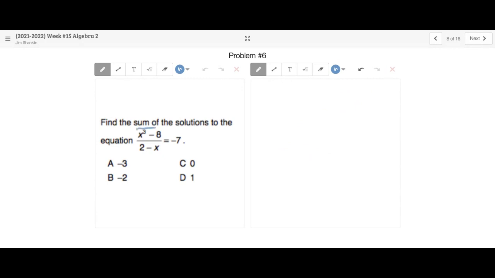I know I can factor this to x minus 2 and then x squared plus 2x plus 4. Remember the factoring. Now, the 2 minus x, if I pull out a negative 1, I end up with this. If you don't pull out a negative 1, you're just left with negative x plus 2, which is not the same thing as x minus 2. But if you factor out a negative 1, this is what you end up with. So that's what I did there.